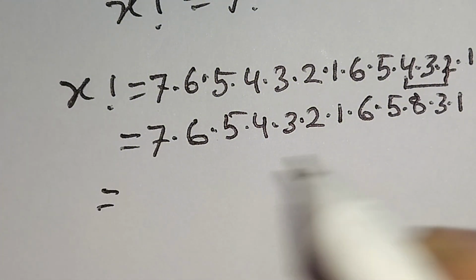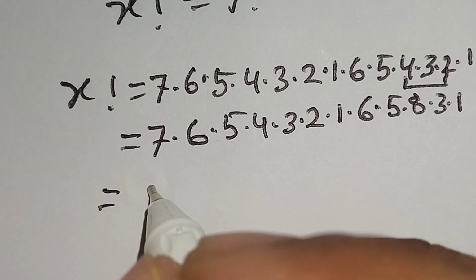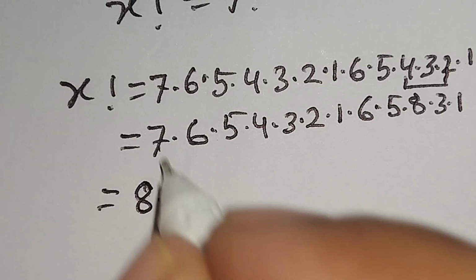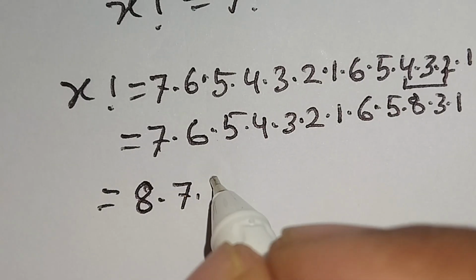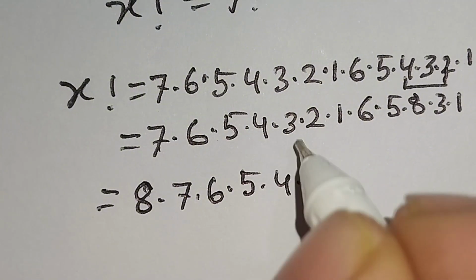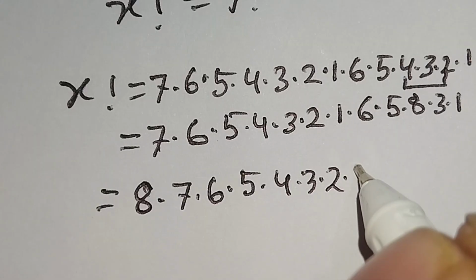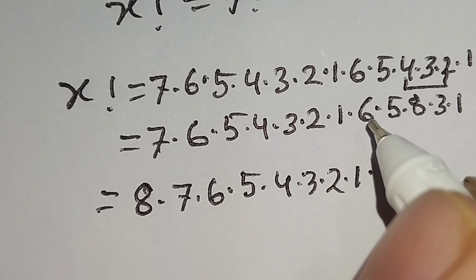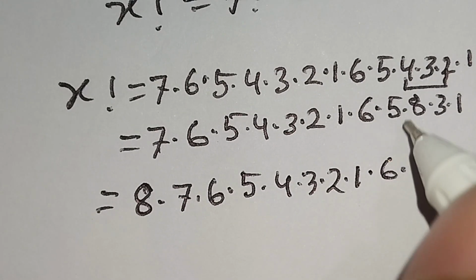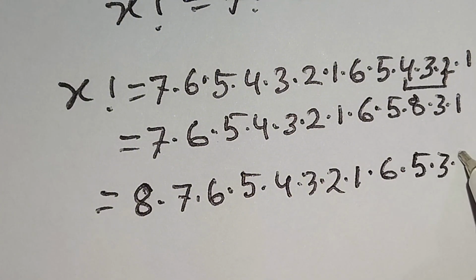We can write this 8 fastly. So we can write here 8 times this 7 times this 6 times this 5 times 4 times 3 times 2 times 1 times this 6 times this 5 times this 3 times this 1.